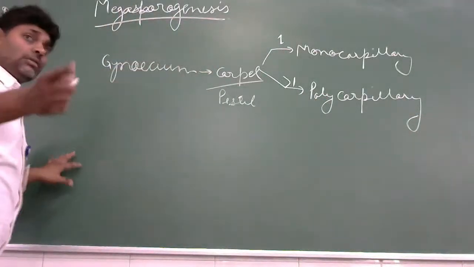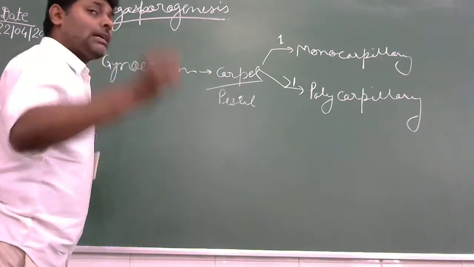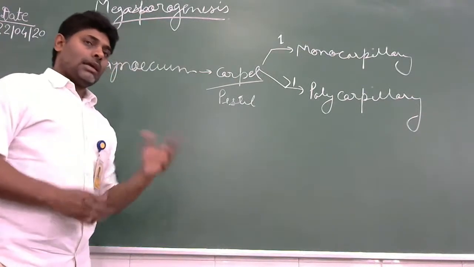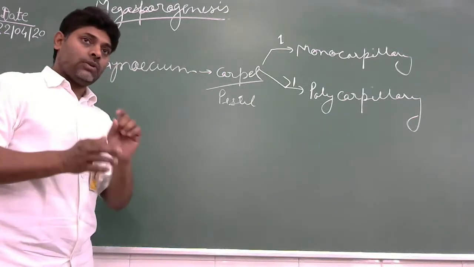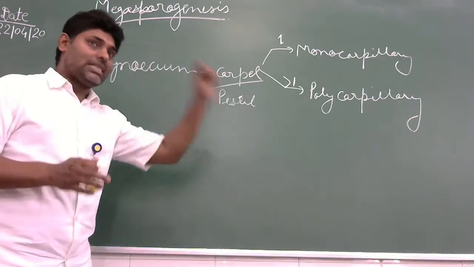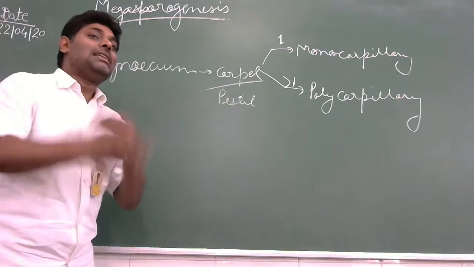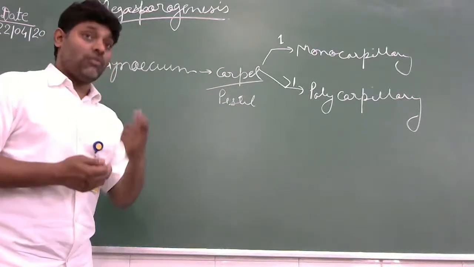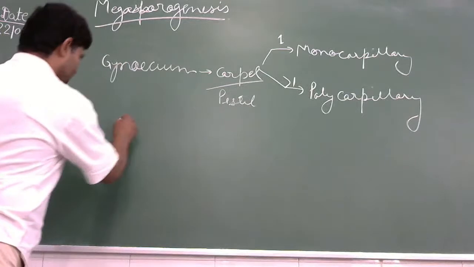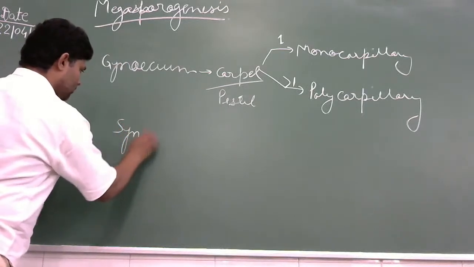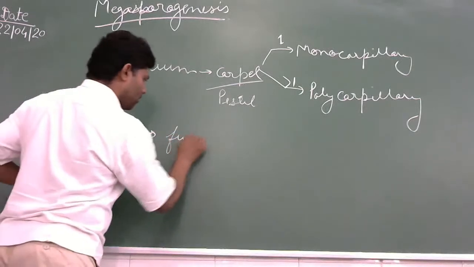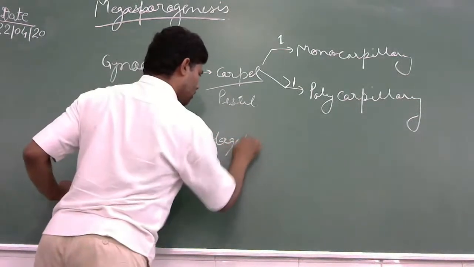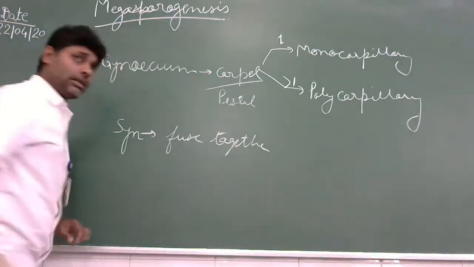Further, some of the terms we have discussed are actually Latin terms, and they have their own meanings. If we know the meaning of these Latin words, we can easily understand the terminology of biology. Syn means fused together, right?